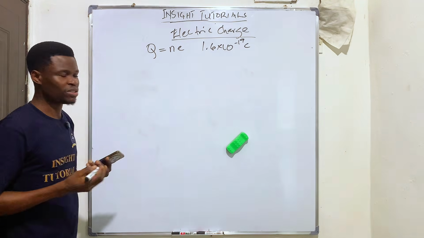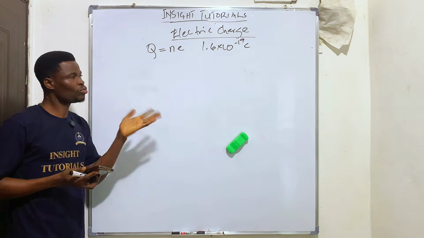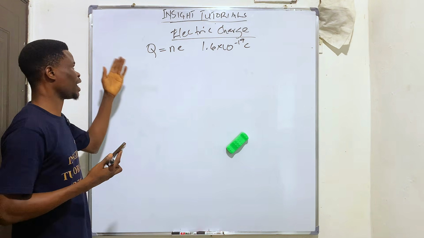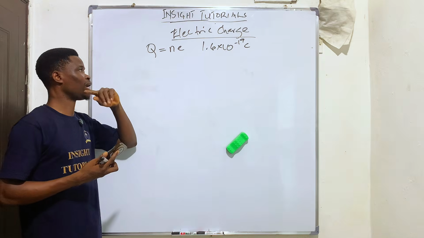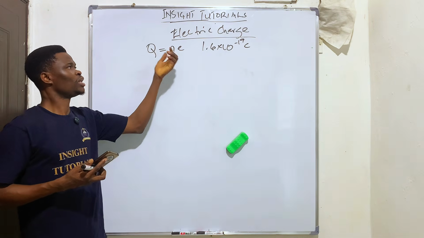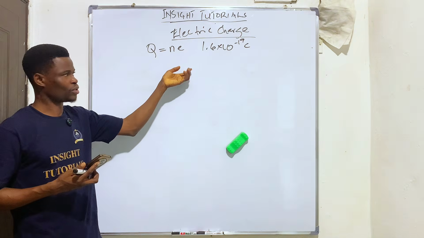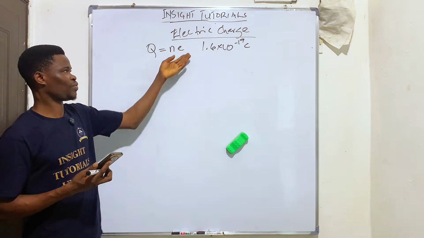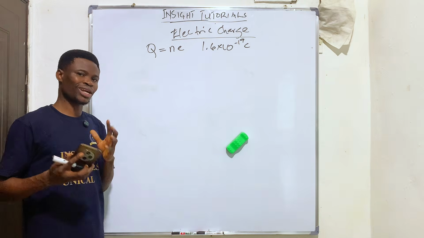Now, in terms of CBT exam, there are two major things that they will most likely ask you to find. You could be asked to find the total charge, or you could be asked to find the number of electron. Now, this number of electron or proton, it could either be negative or positive, all right? Now, electric charge is constant. On rare occasion, they can actually ask you to find the electric charge. So I'm going to categorize them in types.